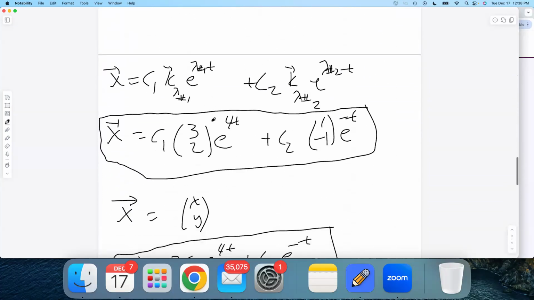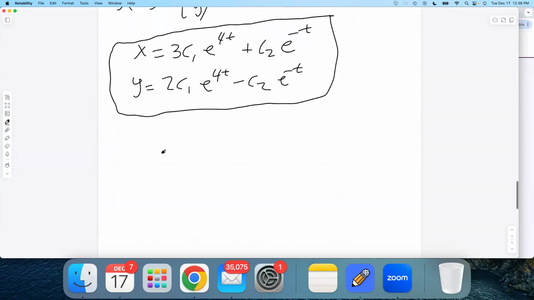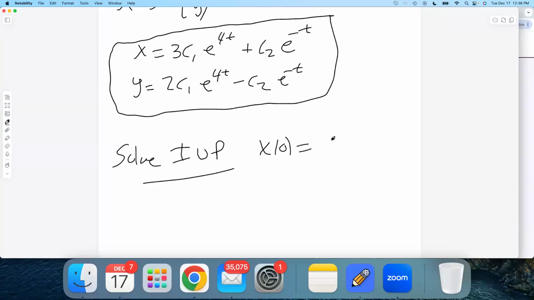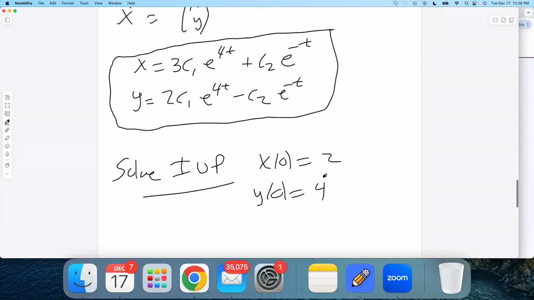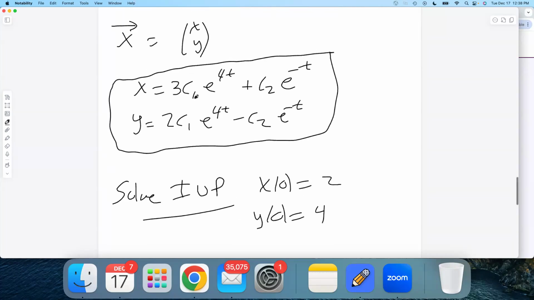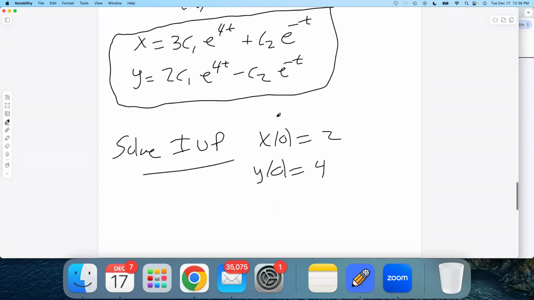Okay, now real quick, let's solve an IVP, because why not? So let's assume that we have, say, x of 0 equals 2 and y of 0 equals 4. If we're going to solve an IVP, even if we were given this information at the beginning, we have to wait until the very end to do it.